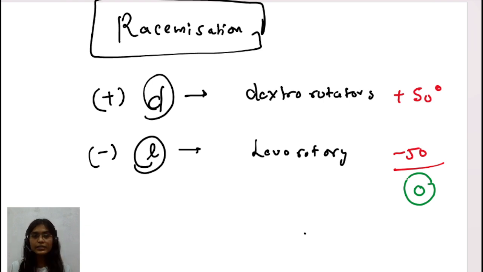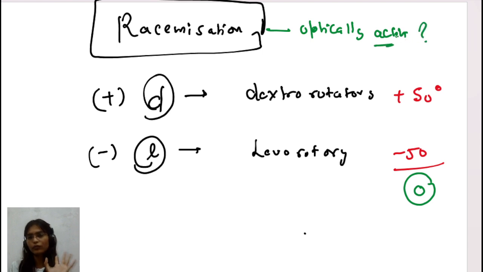Now maybe the next question, ma'am, is it optically active? Can you tell me, is it optically active or not? Think about it. Is it optically active or not? No. So what is happening?